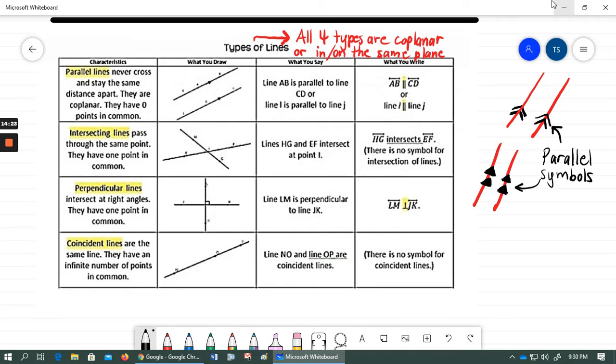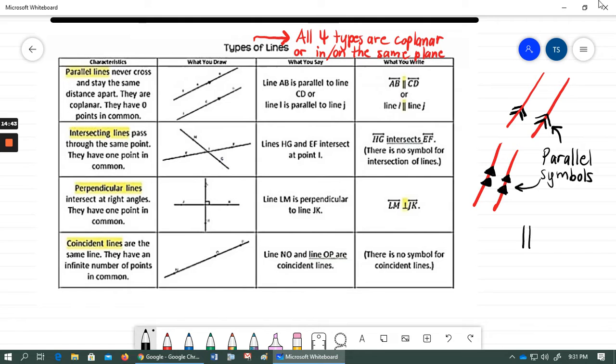And guys, another symbol that you need to know for parallel lines sort of looks like two absolute value symbols right beside each other.